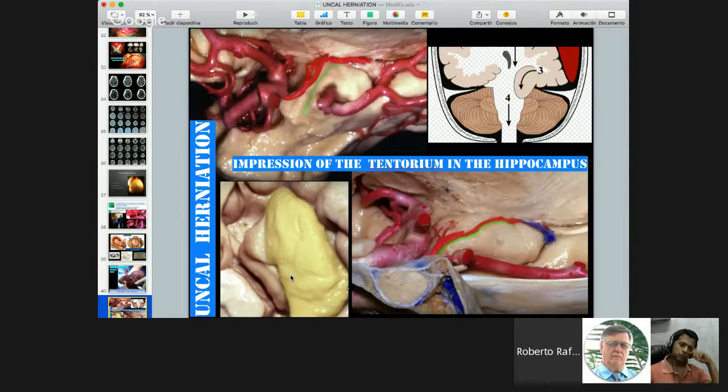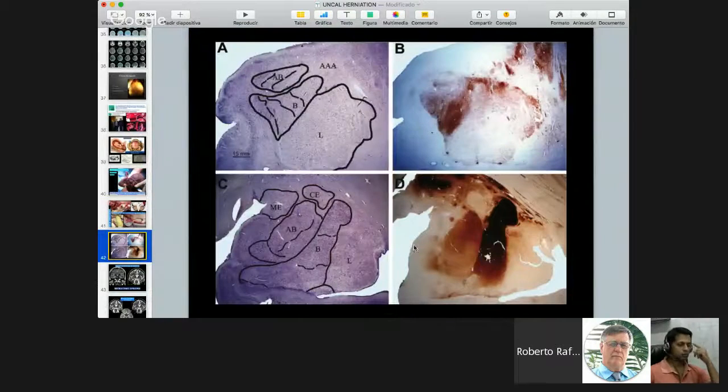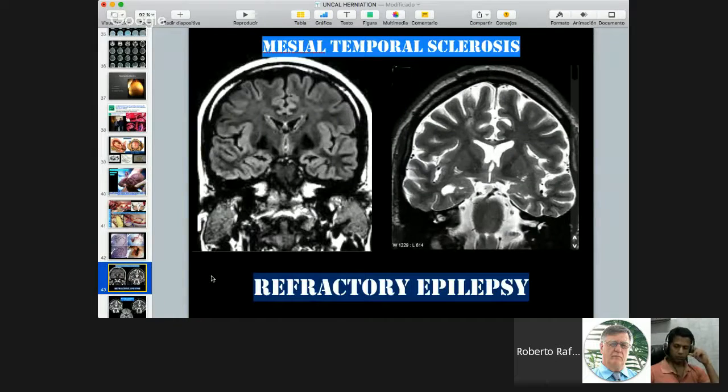Again, a narrow delivery canal together with hypoxia can produce important lesions in the hippocampus area. This is in a human specimen with different grades of compression and hemorrhagic lesion of the hippocampus. When the patient grows up, we could see this mesial temporal sclerosis.